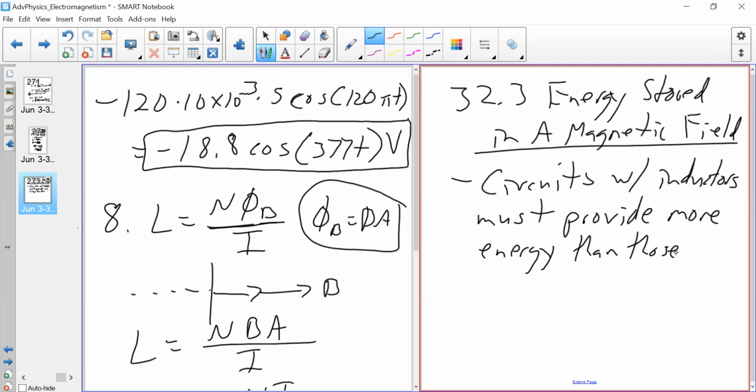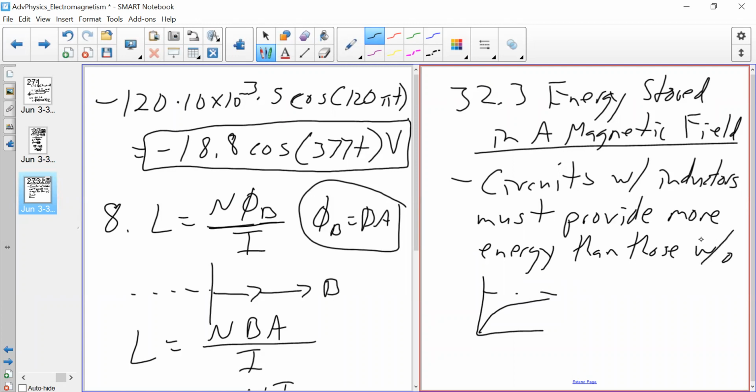As t goes to infinity, it gradually reaches a value in an exponential type of way. We saw this yesterday. It's a slow, sluggish process.